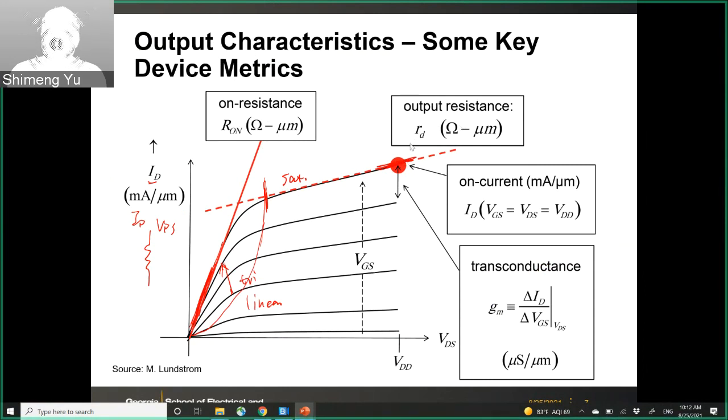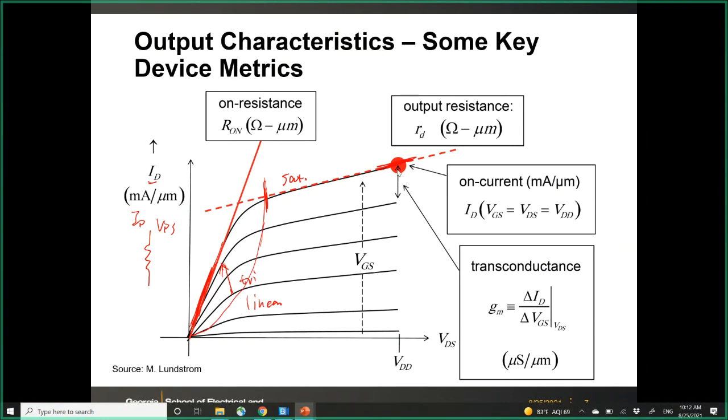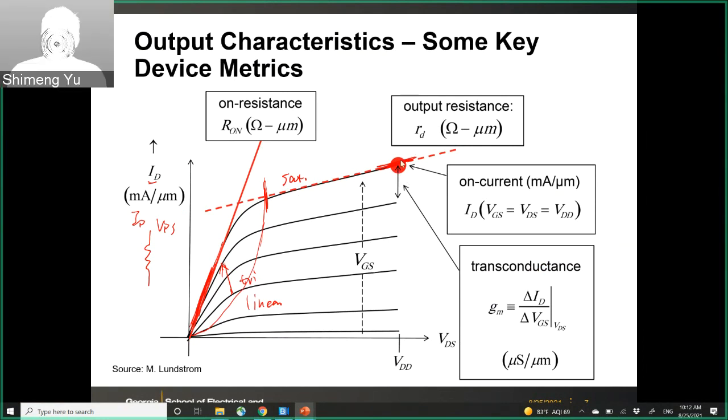This is a small signal concept, for analog circuits. You think that you have a DC bias here, and then you have a small signal disturbing the transistor. Then you will have the output resistance, the small rd. This is for analog circuit design. This is the output resistance of the transistor.